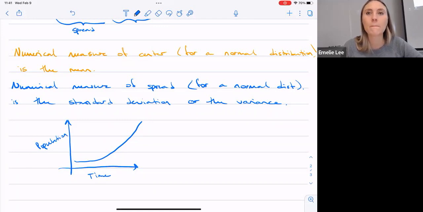Yeah, like when we do the histograms and stuff, we'll say it's skewed to the left. So for this one, because we're looking at two different variables, we could make a histogram of the populations.